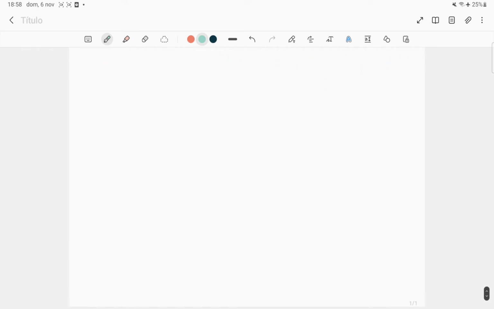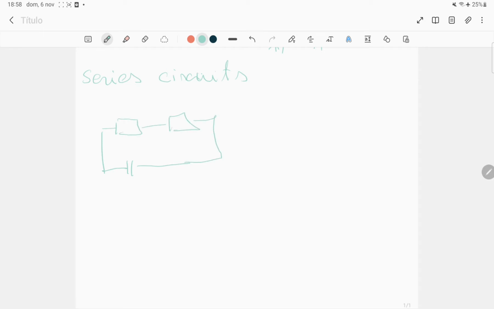And now we are going to make an example of series circuits. We have one circuit like this. V, R1, R2.